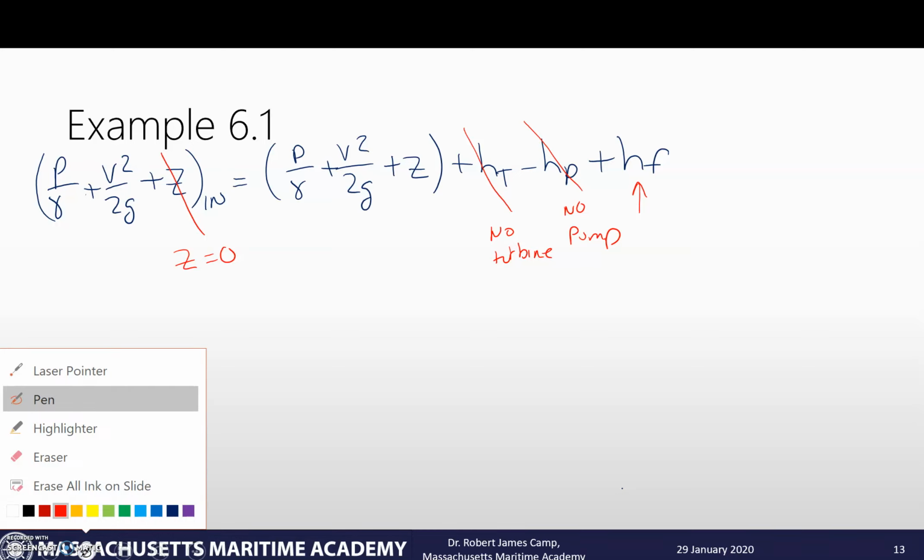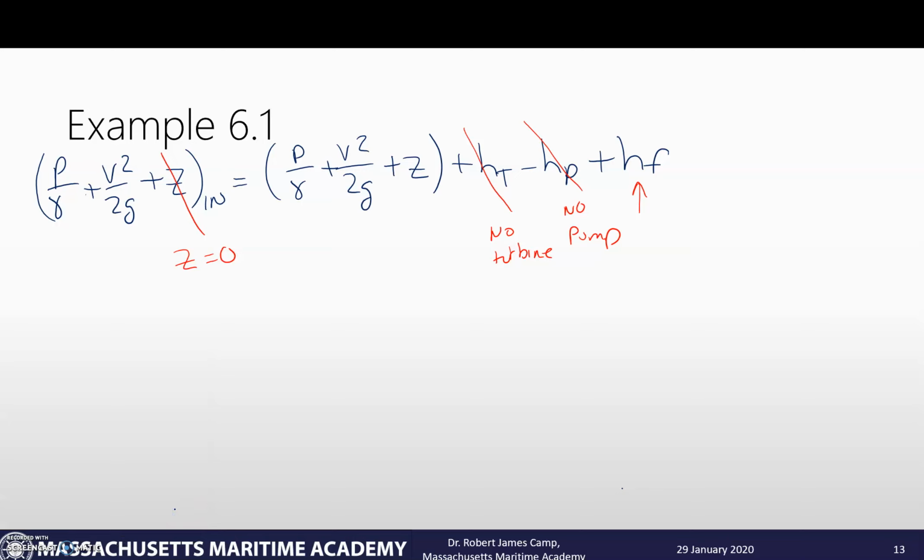Well, this is where I can exploit my idea of conservation of mass. What does conservation of mass tell me? It tells me that Q in equals Q out, or the mass flow rate in equals the mass flow rate out. And what is Q? It's V times A in is equal to V times A out. As we look at it, it's a 12 centimeter diameter pipe straight through. So what is the area coming in? It's pi over 4 times 12 centimeters squared.